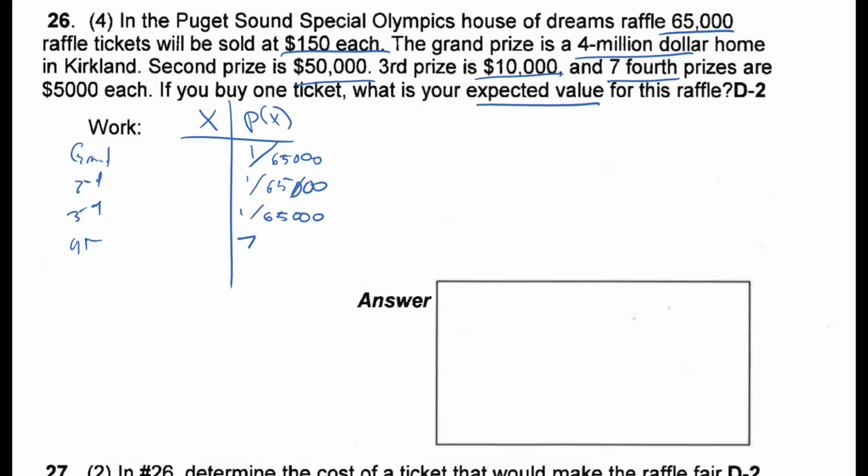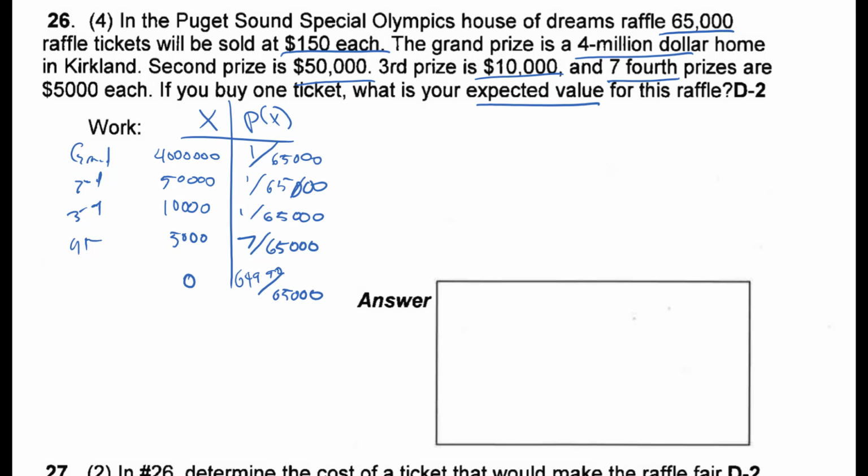So there's 7 out of the 65,000. And then the rest of them I need to also take into account, don't I? But they're going to have a value of 0. So this one's worth 4 million. This one's worth 50,000. This one's worth 10,000 and 5,000.